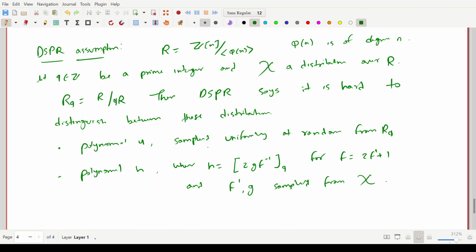So you just have to distinguish: you will be given two polynomials, say u and h, and you have to distinguish which of them is h. h is of the form 2g f inverse, where f is of the form 2f' plus 1, and you have to choose f such that it is invertible modulo q, otherwise this won't be possible. Correct?